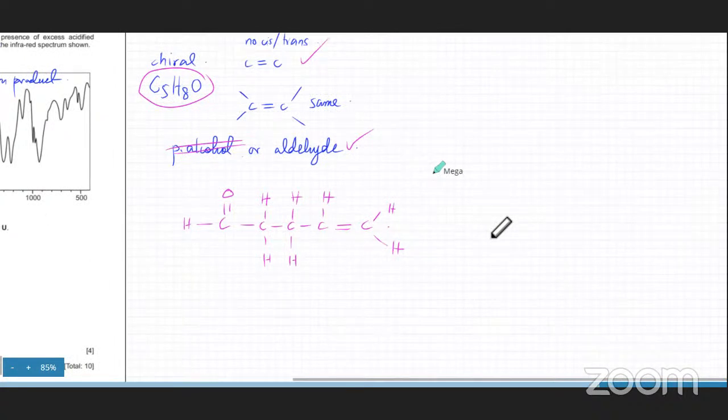There's no chiral carbon atom. So I'm going to try and make this chiral. I'm going to make it a branched structure. Maybe shorten the chain by 1, keeping everything the same. I'm just shortening the chain so that I can have a branch.